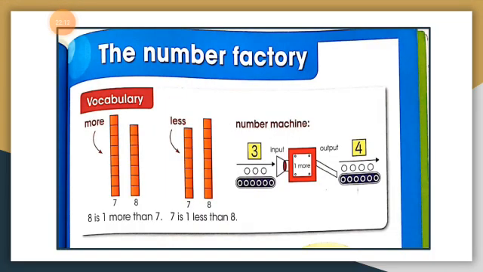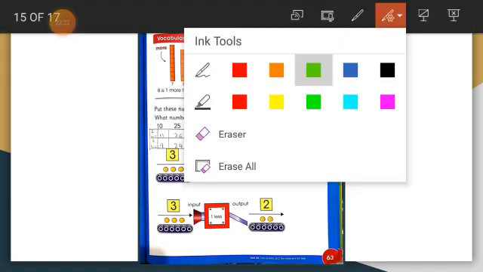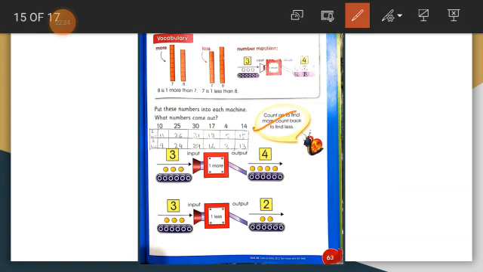Now here is the final look of your page. Look at the solved page number 63. See, here I have written the answer for one more number. Keep adding one: 10 plus 1, 25 plus 1, 30 plus 1, 17 plus 1, 4 plus 1, 14 plus 1.